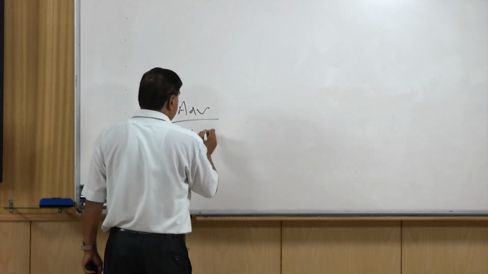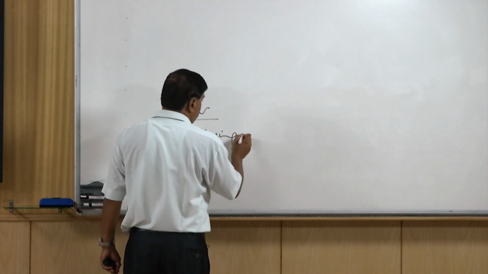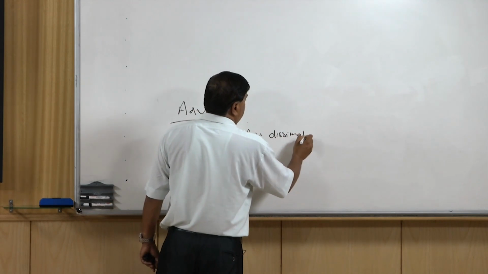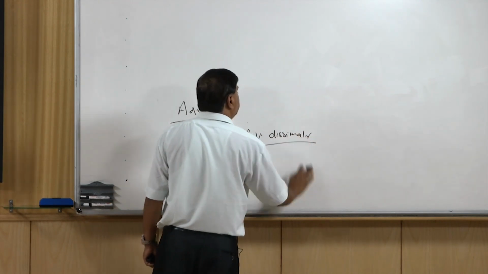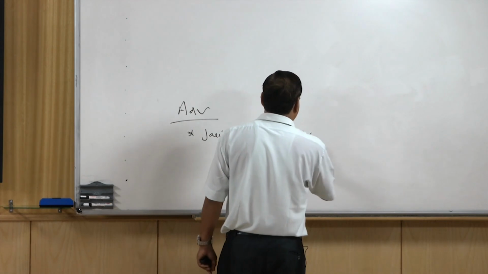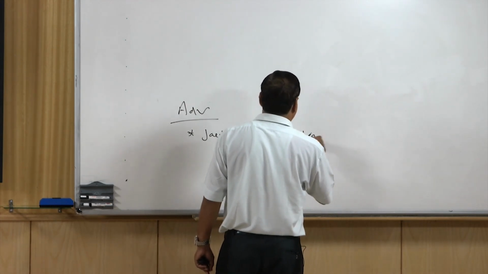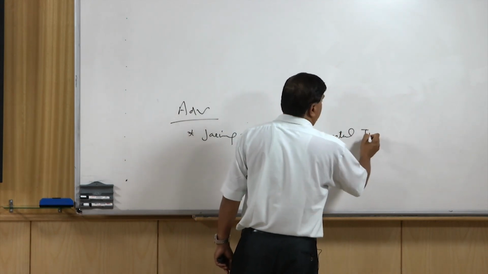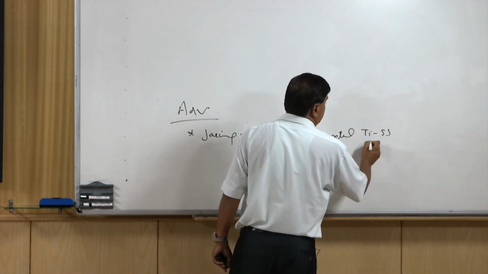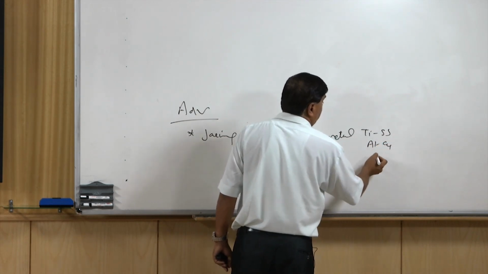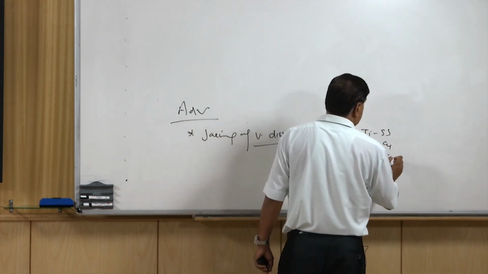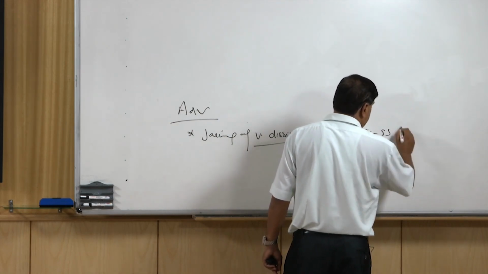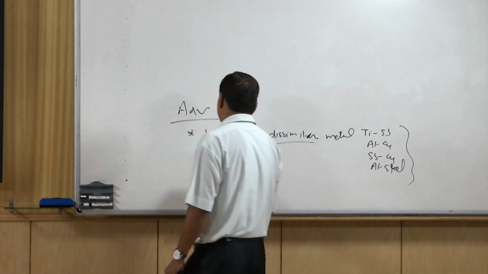Joining of very dissimilar metals can be achieved, like titanium, stainless steel, aluminum, copper, and stainless steel, copper, aluminum, steel, etc. So, these are very dissimilar combinations which can be joined.